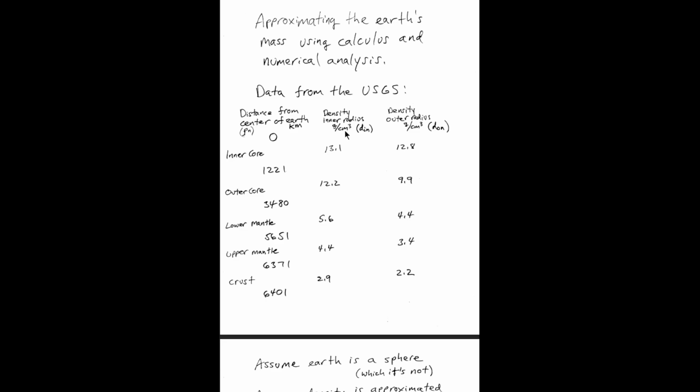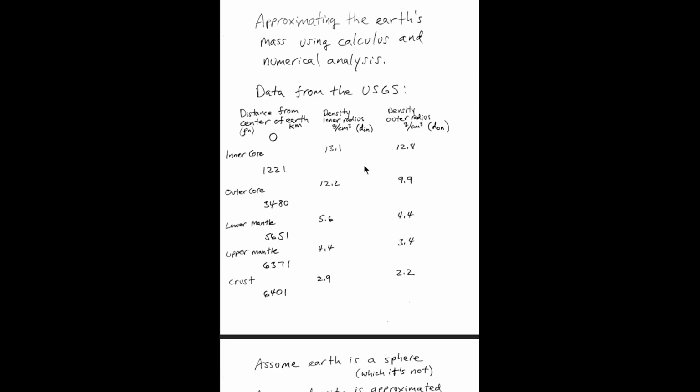And I call the density of the inner radius of each layer d sub in, I referring to inner and n is the number of the layer. And I indicate the density of the outer radius as d sub on, O being for outer. And of course that's also in grams per cubic centimeters, and you can see that data here.